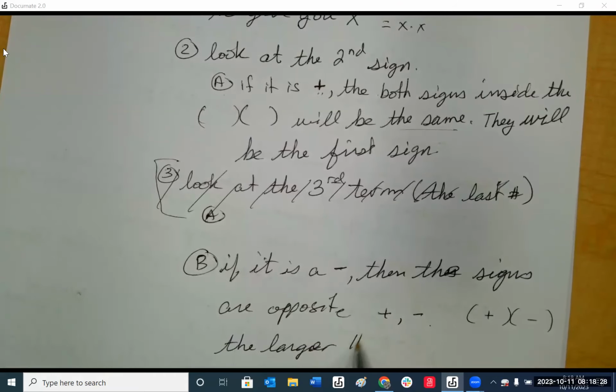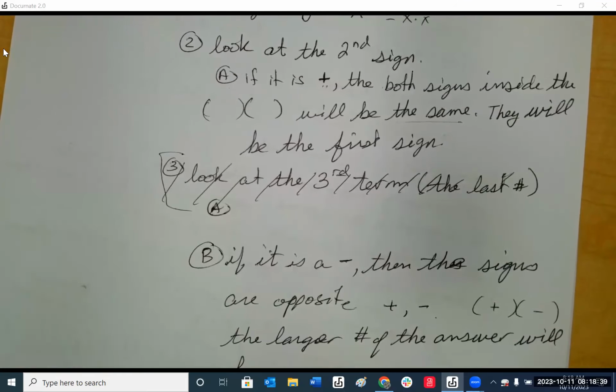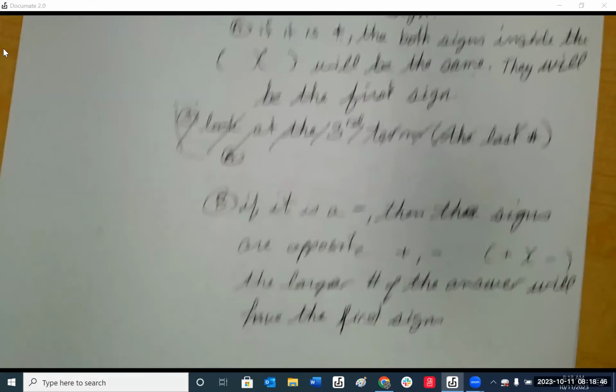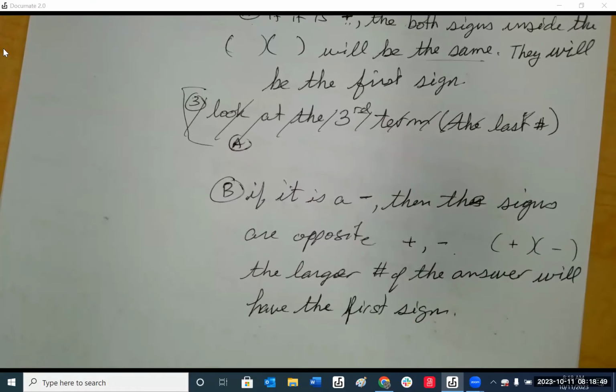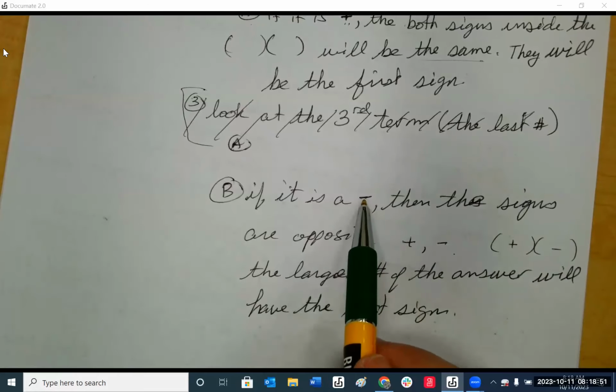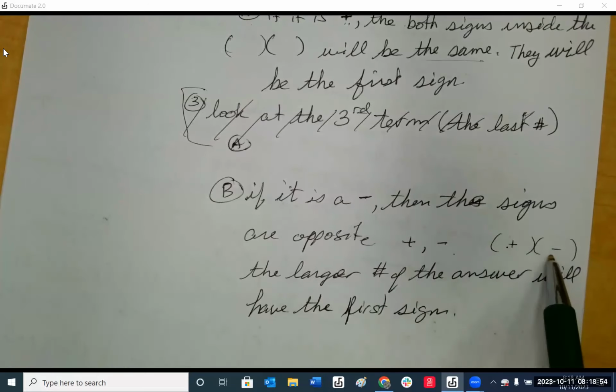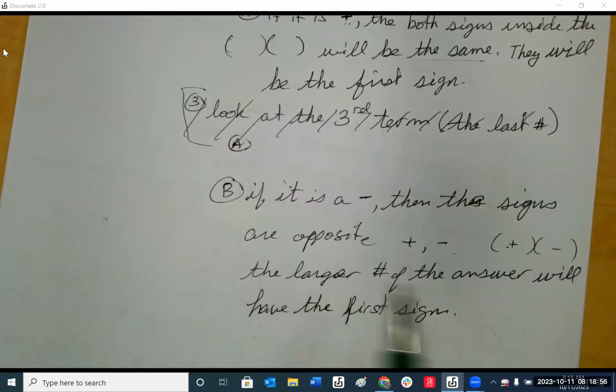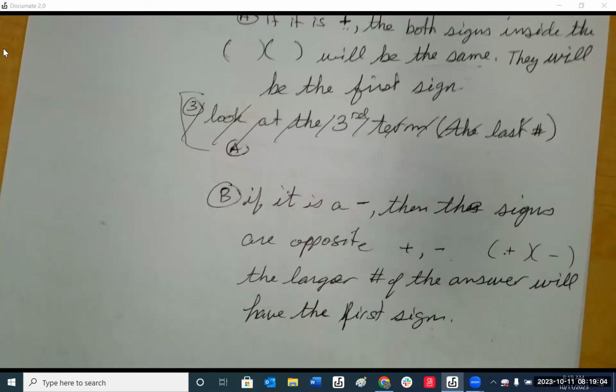The larger number of the answer will have the first sign. So if the second sign is a minus, then they're going to have opposite signs inside the parentheses. But the larger number, the final answer, the larger number will have whatever the first sign is. I'll show you what that means in a minute.